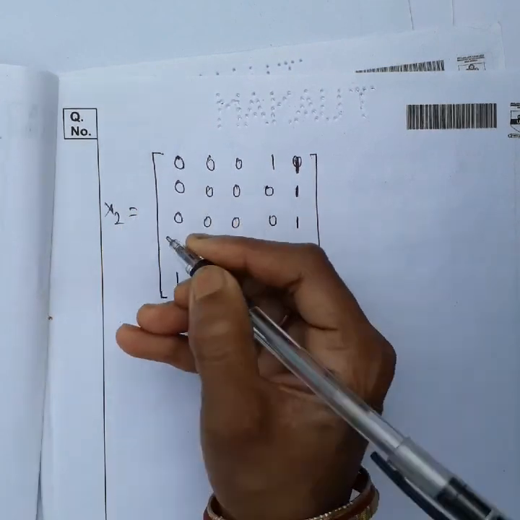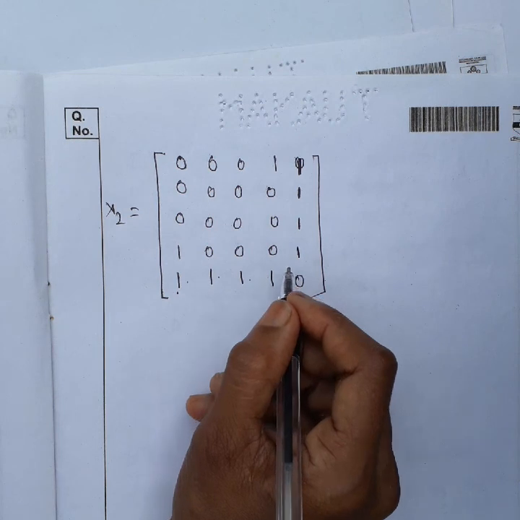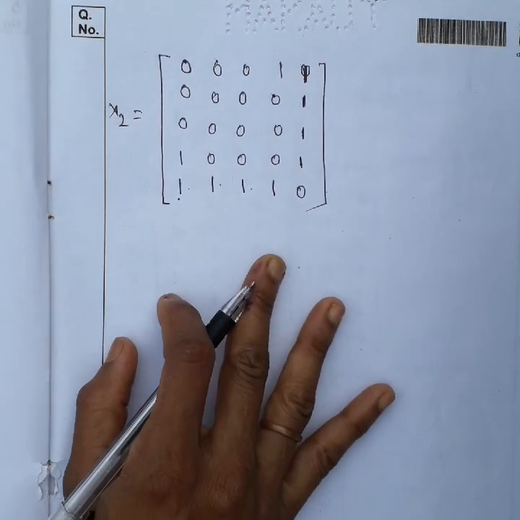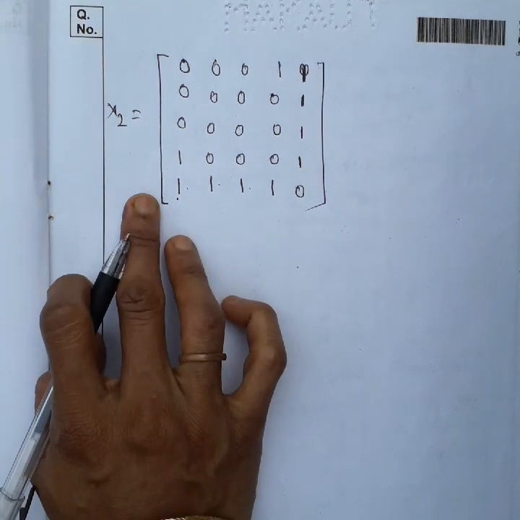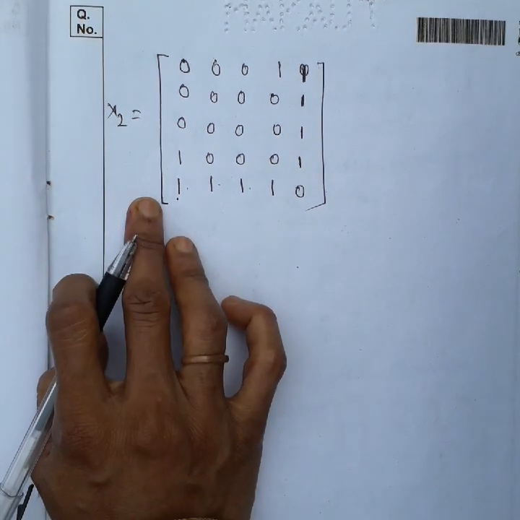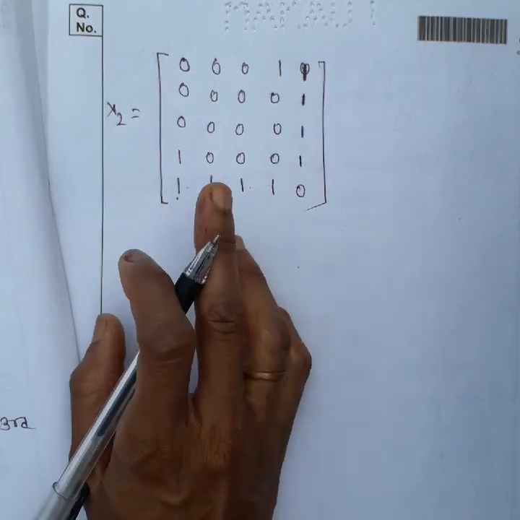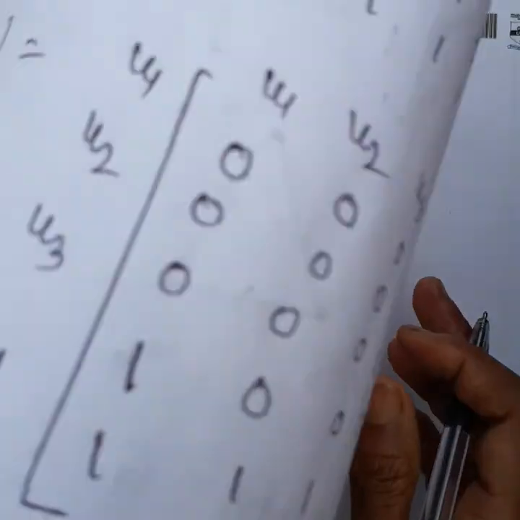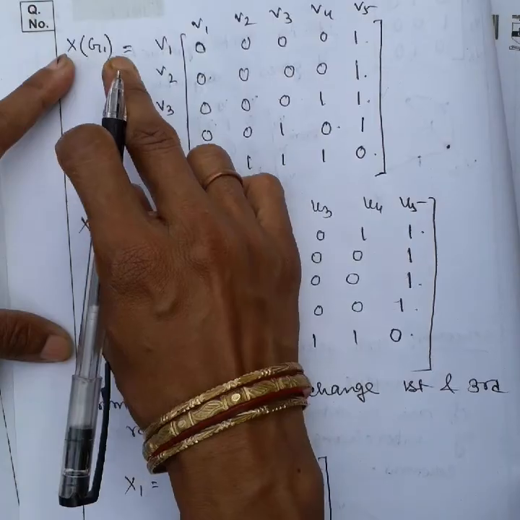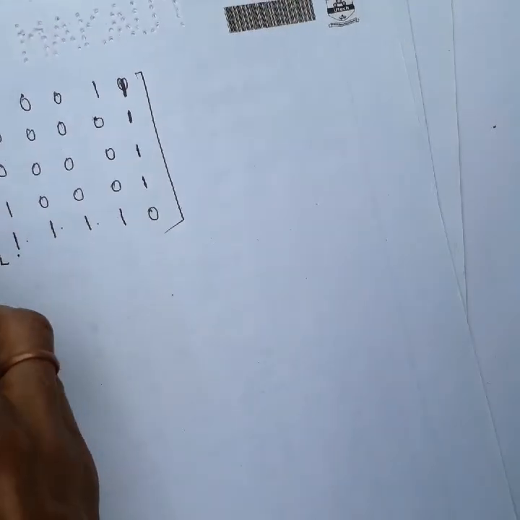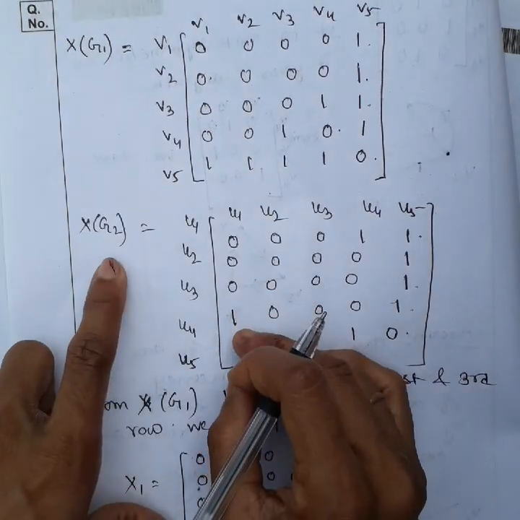Say it is X2. See here, X2 and XG2 are both the same. So we can easily find that XG2 is obtained from XG1 and is identical to XG2. That means for G1 and G2, we obtain the XG2 matrix from XG1, and that is identical to XG2.